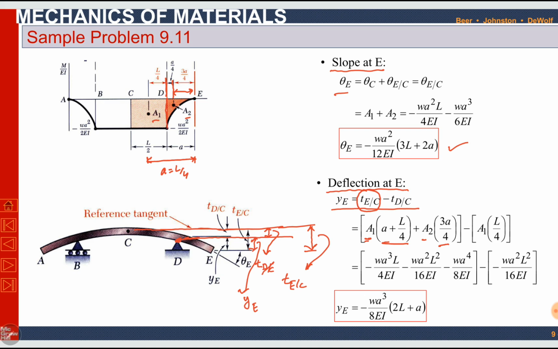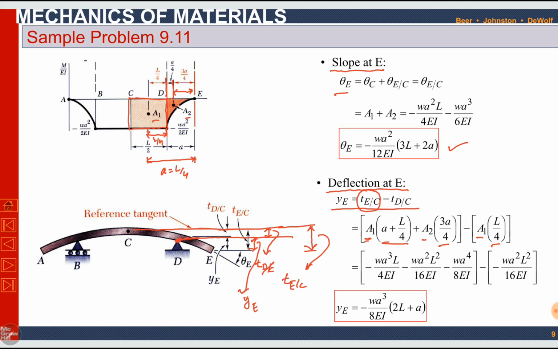So between point D and point C we have only a rectangle, area A1 into its centroid from point D, because D is the first point, DC, D is first. So it is L by 4.